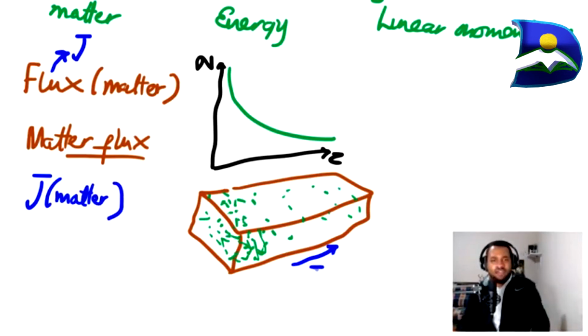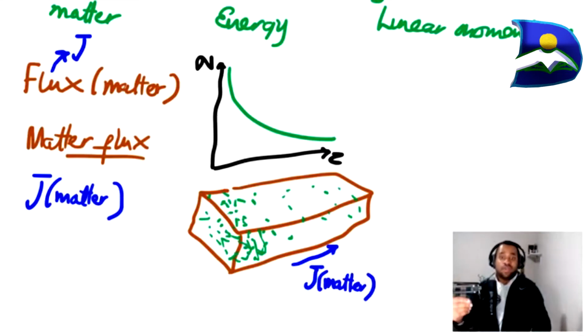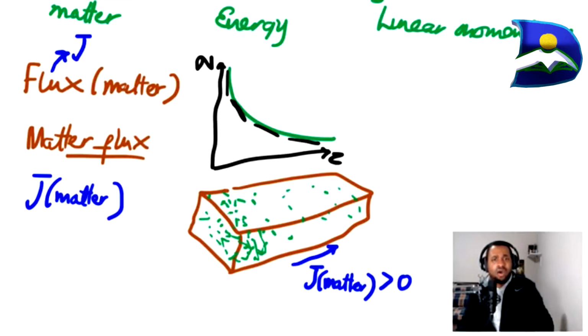So our J for matter is increasing, which we're going to assume to be, in this case, greater than 0. And so as the matter flux increases, we notice that these slopes are having a negative value, but the negative values are decreasing. But you notice that they are all less than 0 based on the slope. Therefore, our change in the number of particles is less than the specific value, which is 0.